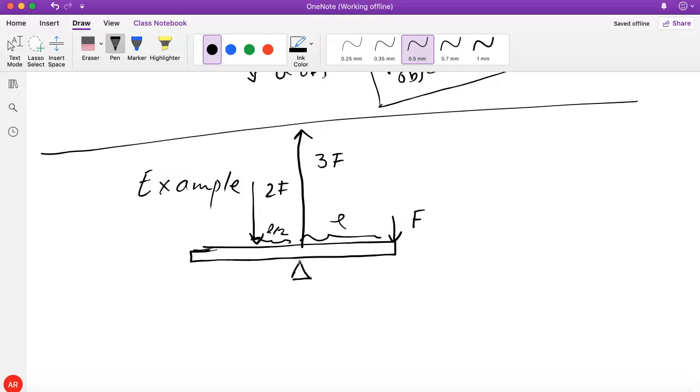And you can see that around this pivot point, the net torque is 0, right? Because the force of 3F that goes through the pivot gives me 0 torque. This one gives me a torque that's clockwise, with magnitude FL. It wants to rotate this way.